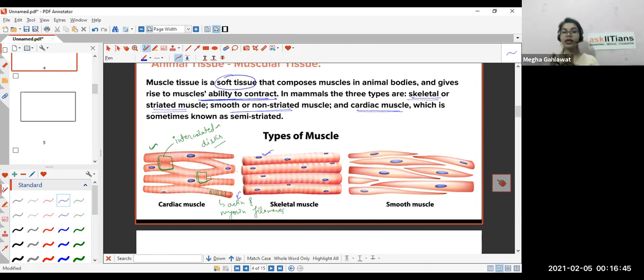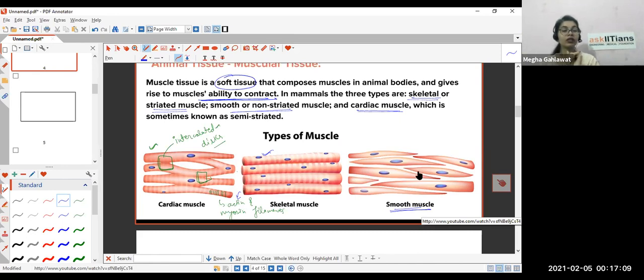The major thing is that skeletal muscles are the voluntary muscles, or they are under the control of the human mind. For example, I'm moving my hands, I'm moving my lips, I'm dancing right now. That is because of the skeletal muscles. Next we have the smooth muscles, which are not under our control at all.